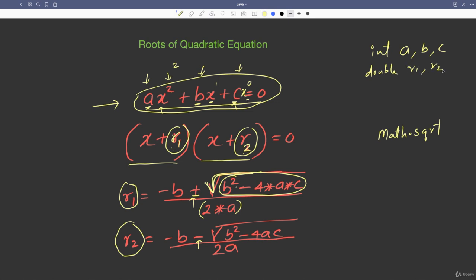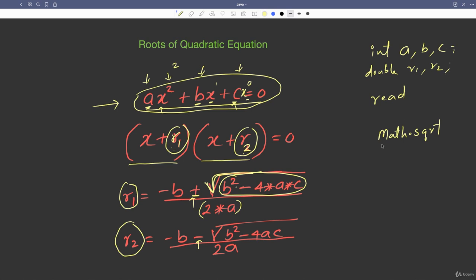Now let us see what our program should do. I will explain it and you are supposed to write the program. Declare these variables and using scanner read three coefficients A, B, C. Read all of them. You know how to read with scanner.nextInt, and you have to call it for each integer value. Read three values.